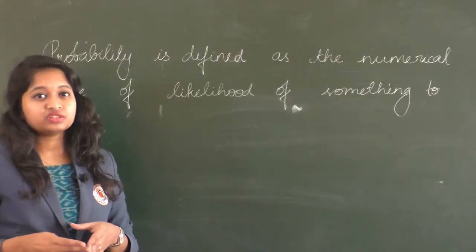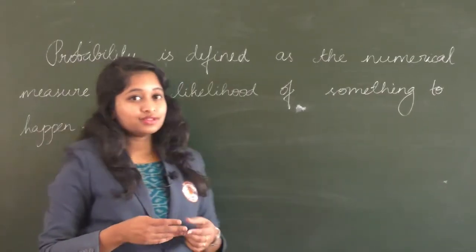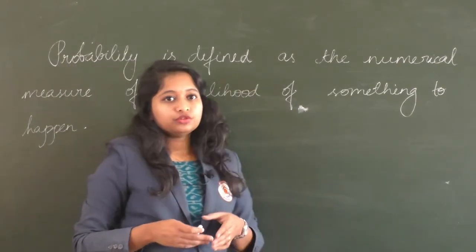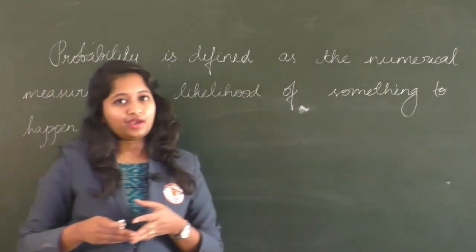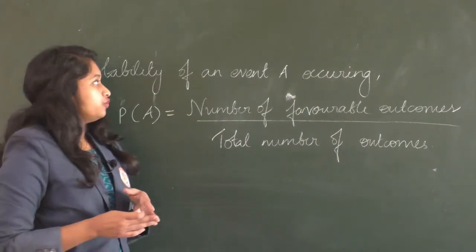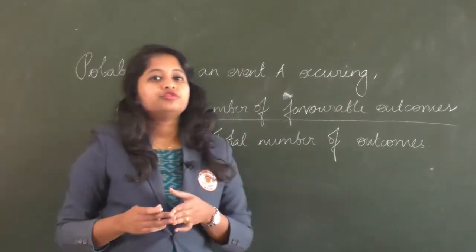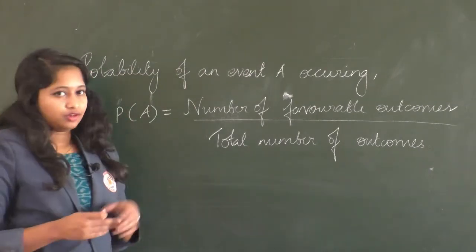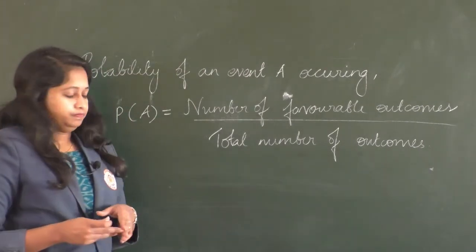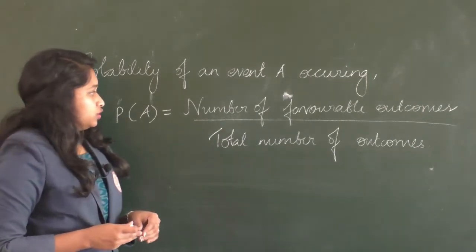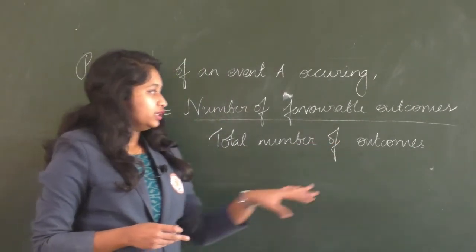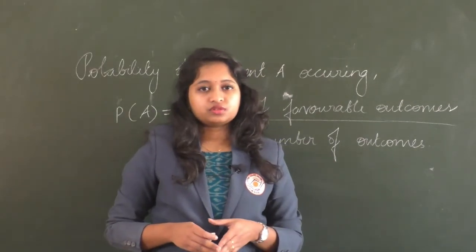In other words, probability is defined as the numerical measure of likelihood of something to happen. In order to find the probability of an event A, we have a formula. P of A is equal to the number of favorable outcomes divided by the total number of outcomes.